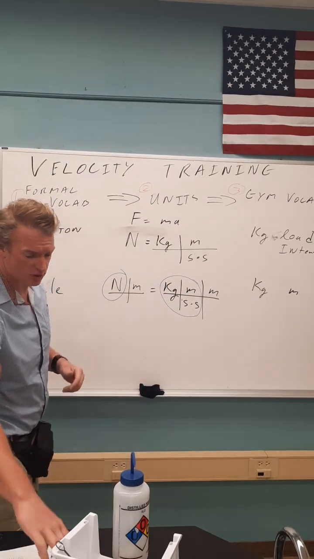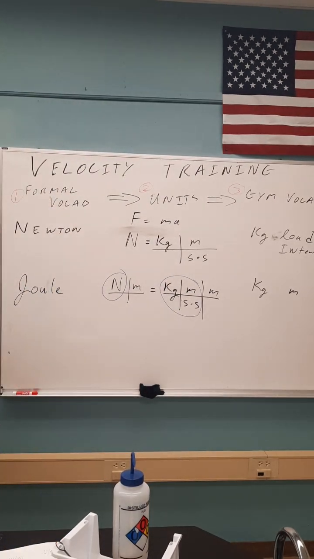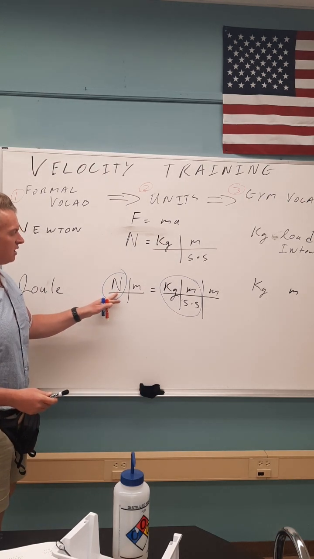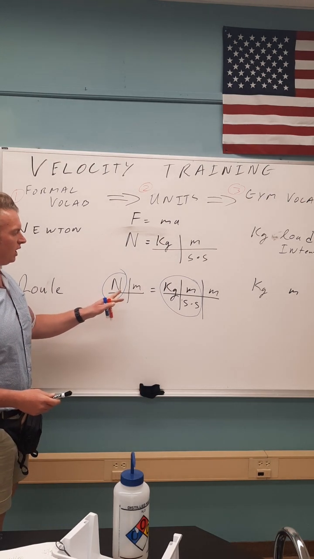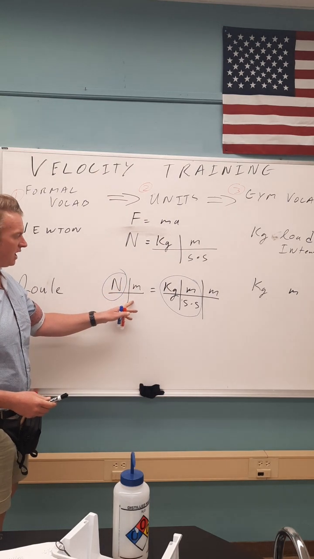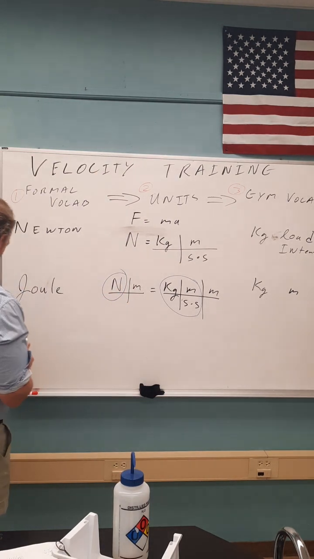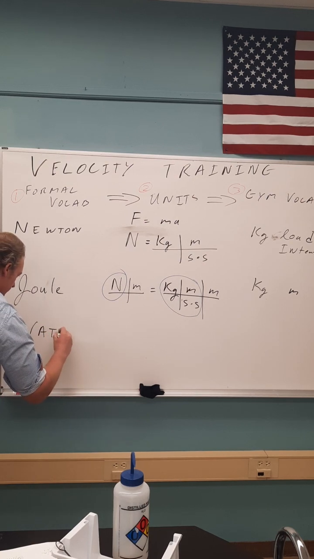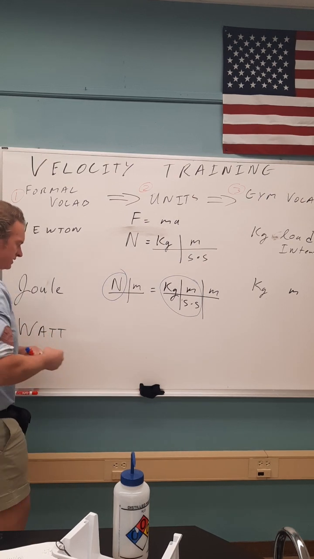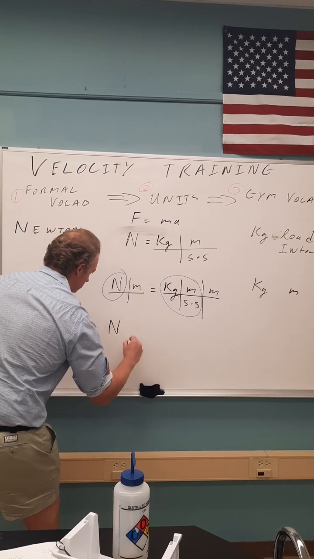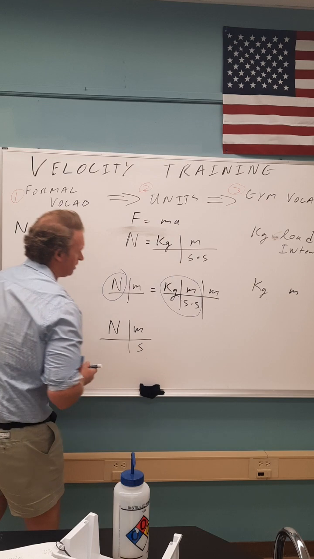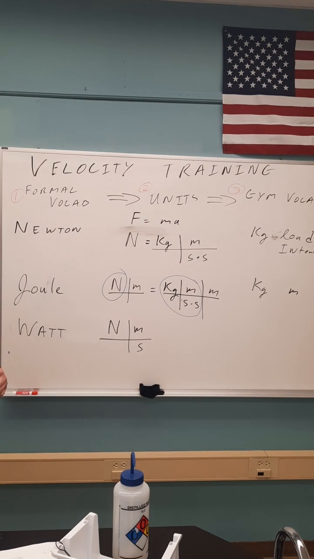Last one is wattage. Wattage is a newton over a distance and time, so a velocity. A watt, also humbly named after himself, is a newton with a velocity attached to it.